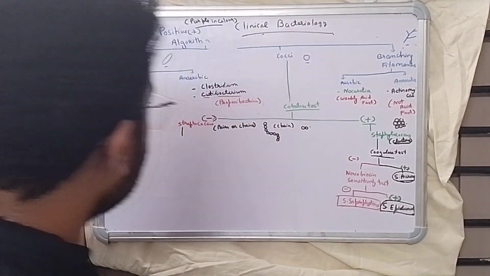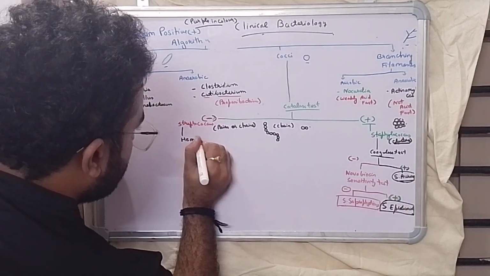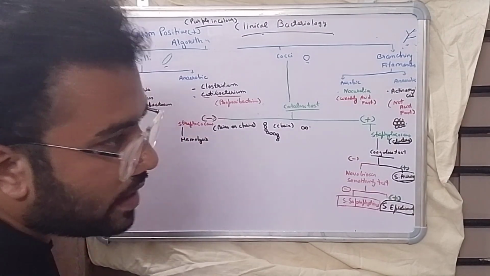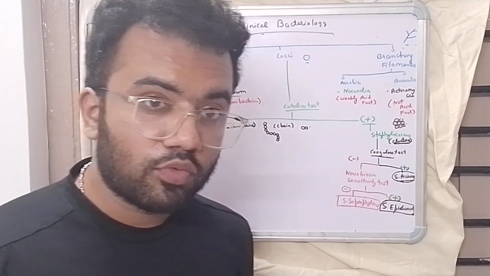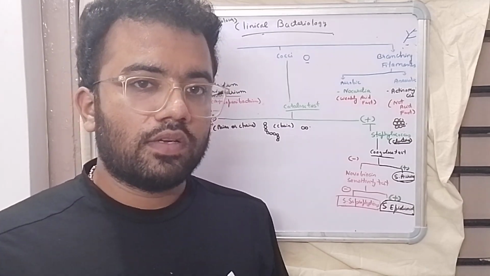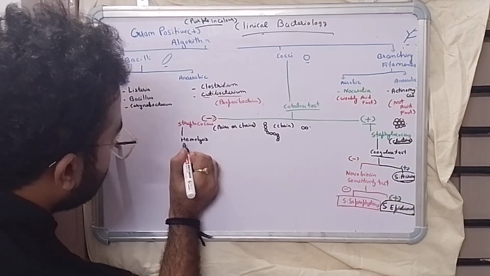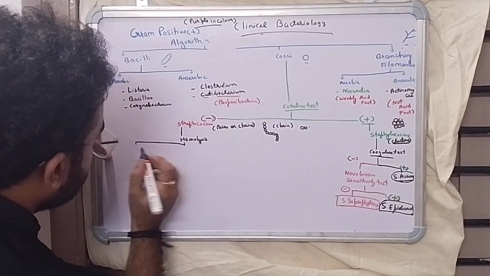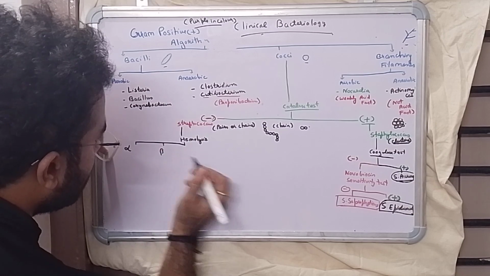Okay, here with the hemolysis test, there are three types of hemolysis in our world: alpha hemolysis, beta hemolysis, and gamma hemolysis. All these hemolysis have different characteristics. We will understand this.